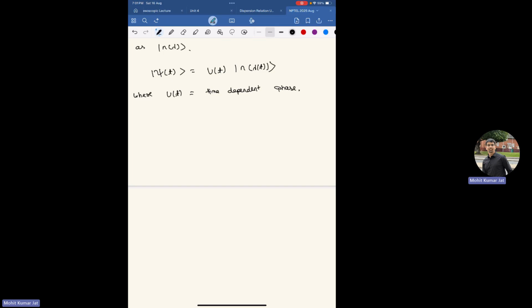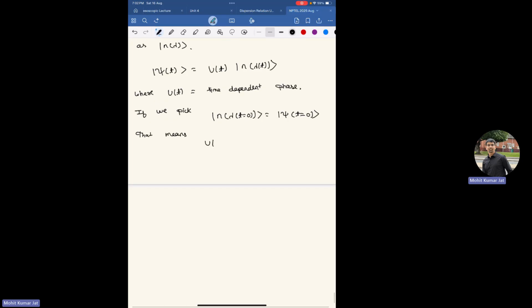If you pick, for example, |n(lambda at t equal to 0)>, that is essentially what psi is at t equal to 0, right? And then that means u of t equal to 0 is essentially 1.